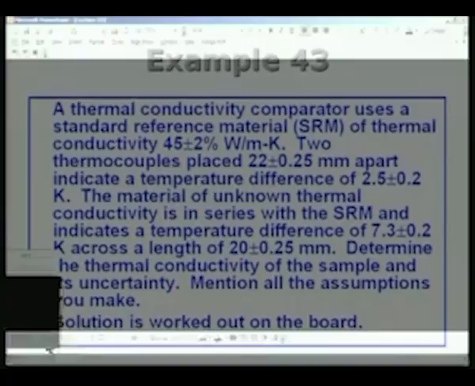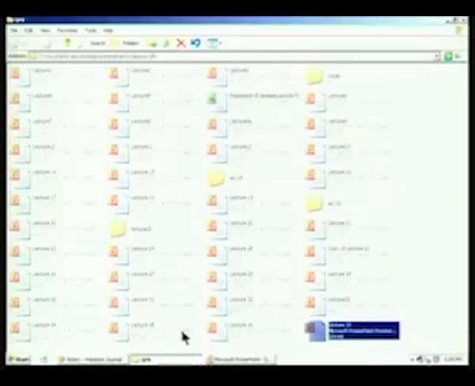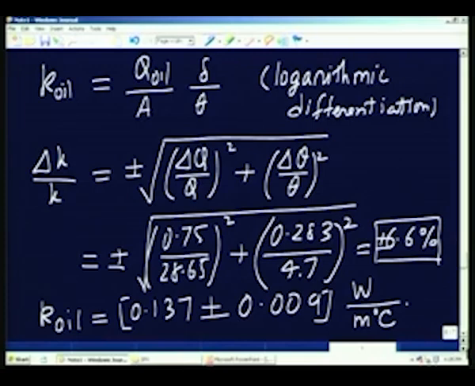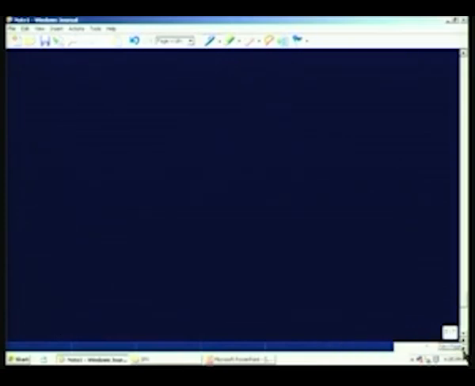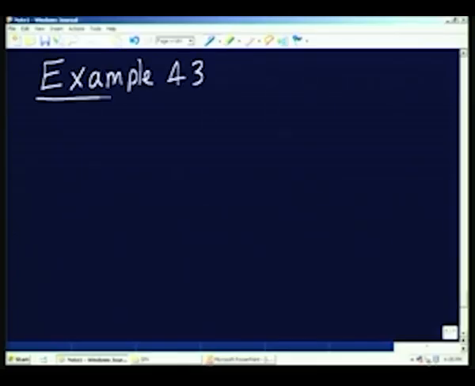So, let us work out the problem on the board. So, this will be example 43. All I have to do is to use the expression I gave in the slide. So, I will just write down what are the quantities we know. La is 22 millimeters.